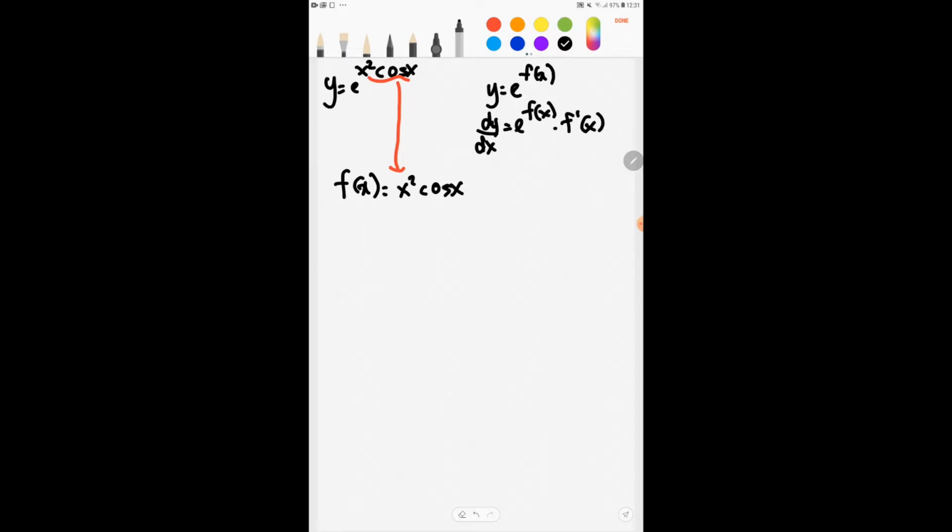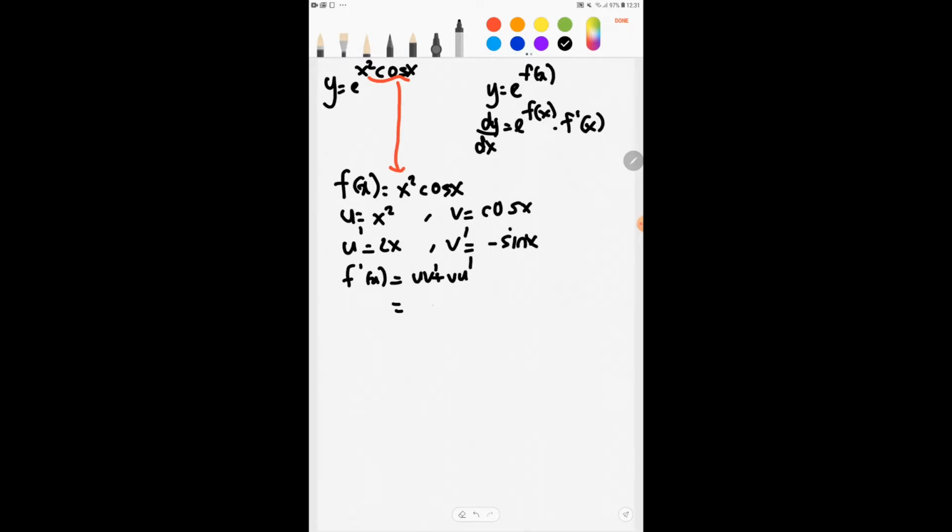Now we need to find f prime x. If you look at this, f(x) is a product of x squared and cos x. Therefore we need to find u, v, u prime and v prime. Here u is x squared and v is cos x. Differentiating, u prime is 2x, and differentiating cos x, v prime is negative sine x. So for f prime x, we write the formula u v prime plus v u prime.